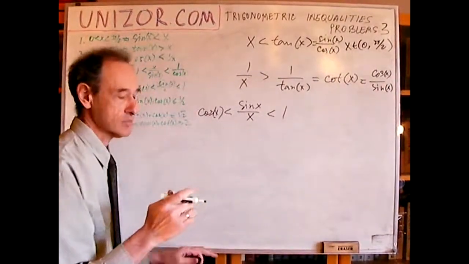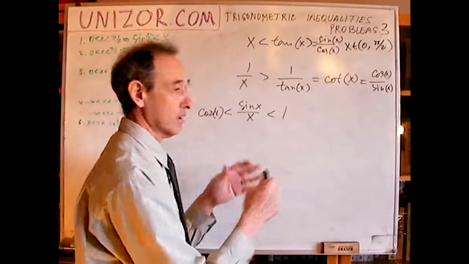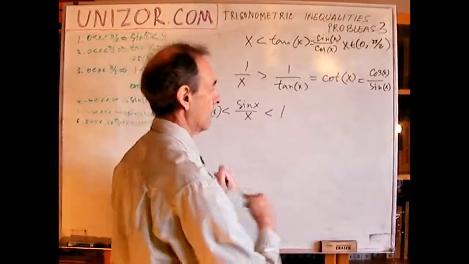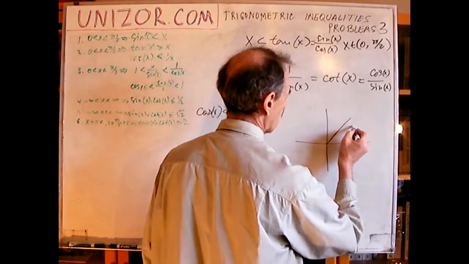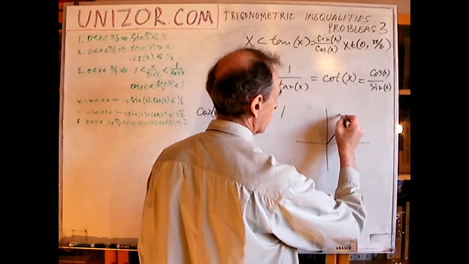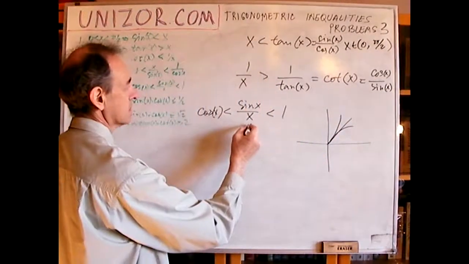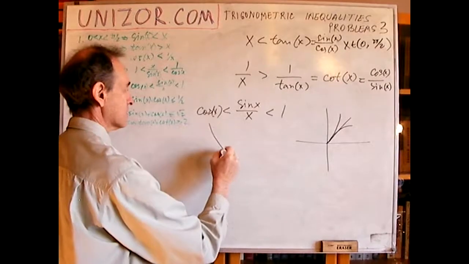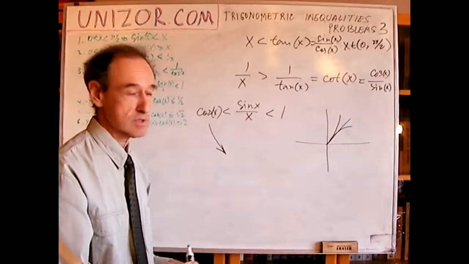And here is an interesting thing. As x is getting smaller and smaller, in the graph, we are getting closer and closer to 0. So sine x divided by x, now this thing, if x goes to 0, cosine of 0 is 1, right?